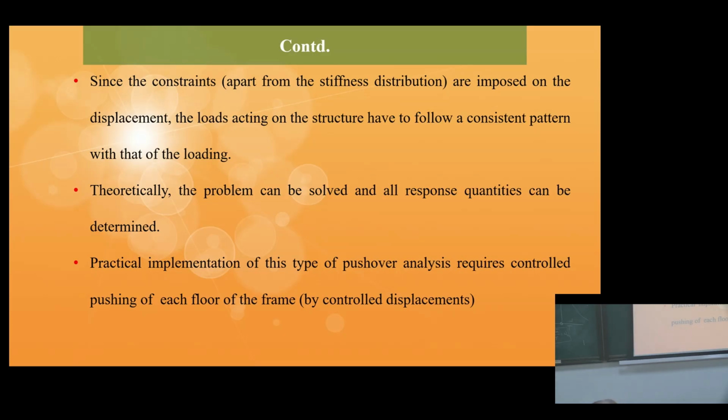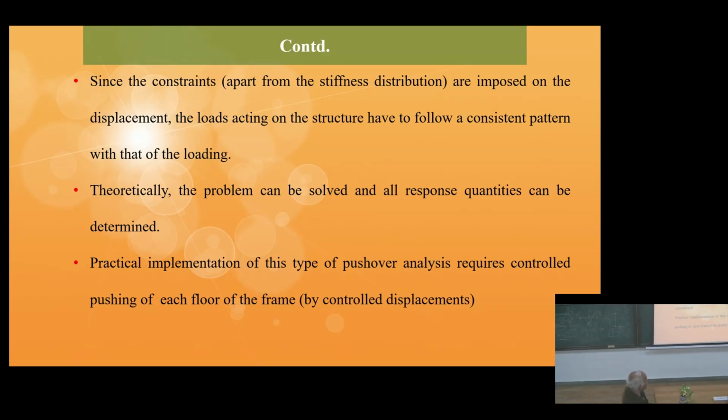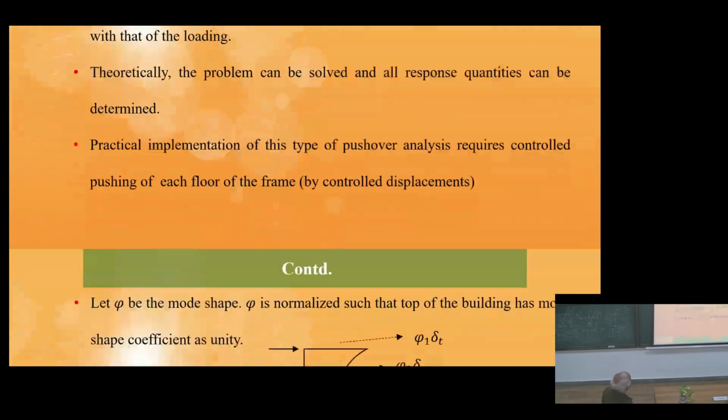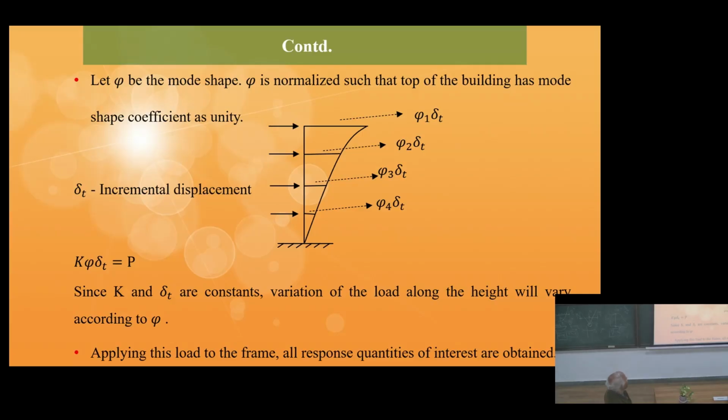Practical implementation of this type of pushover analysis requires controlled pushing of each floor of the frame by controlled displacements. Let phi be the mode shape, normalized such that the top of the building has mode shape coefficient of unity.